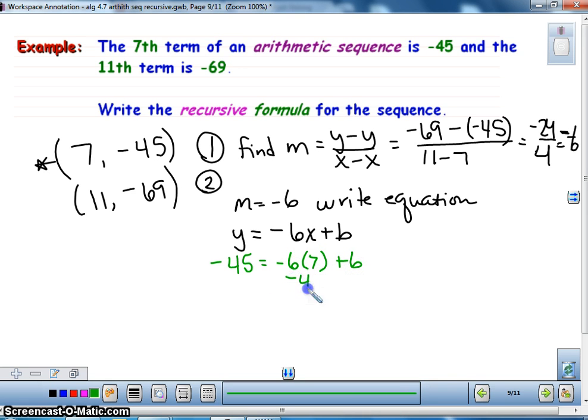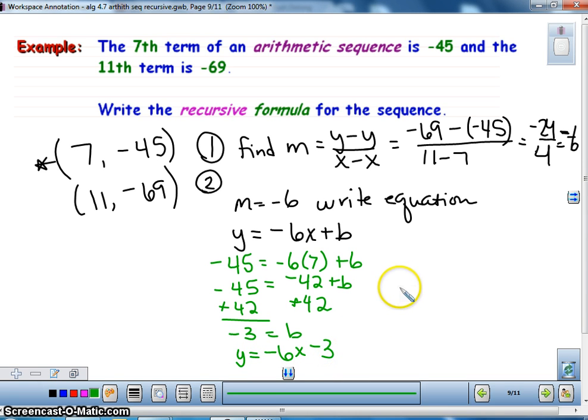This is a negative 42. Most common mistake some people will do is they will now add negative 45 and 42, but we're actually adding 42 to both sides, which leaves us with our y-intercept, b of negative 3. So I could now write my equation at this point as y equals negative 6x minus 3.